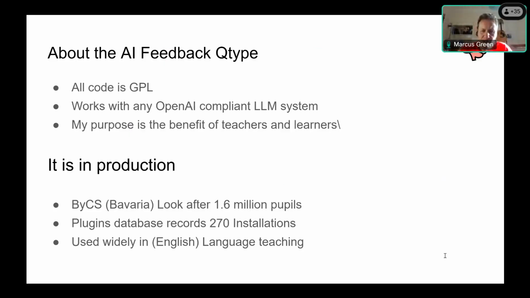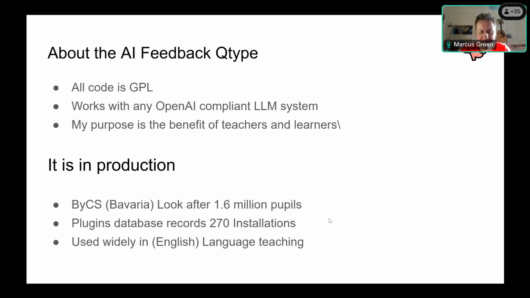So about this plugin, which I first announced on Christmas Day in 2023. I'm not a Christmassy person. The big ground rule is that all the PHP code I'm going to show you is available under the GNU public license, with the freedoms and limitations that you'll probably be aware of.